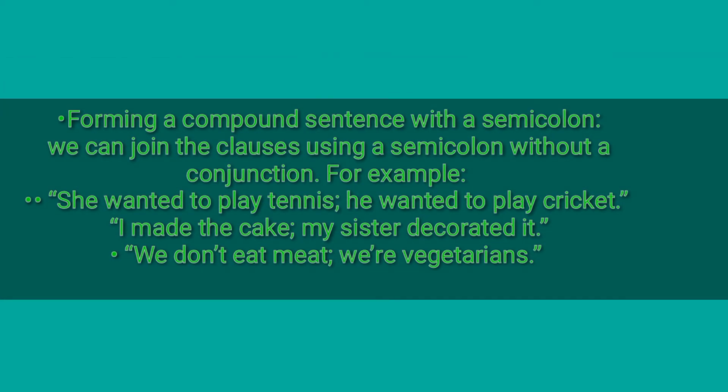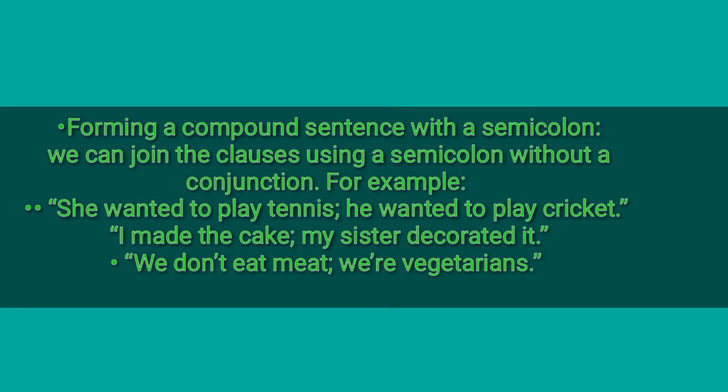The last way to form a compound sentence is to use a semicolon. If the two independent clauses are very closely related and the reader has enough information to understand the relationship between them from the context alone, we can join the clauses using a semicolon without a conjunction.